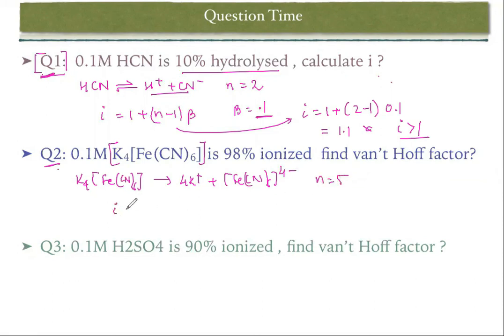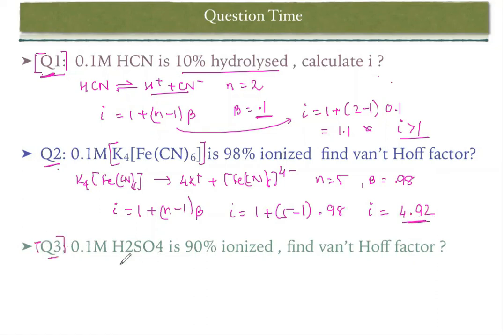Just put the values: i is equal to 1 plus (n minus 1) into beta. Beta is given 98%, so we can write 0.98. So i is equal to 1 plus (5 minus 1) into 0.98. So the i value is 4.92.